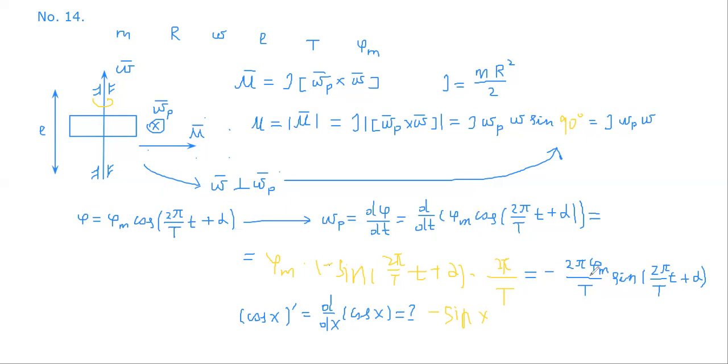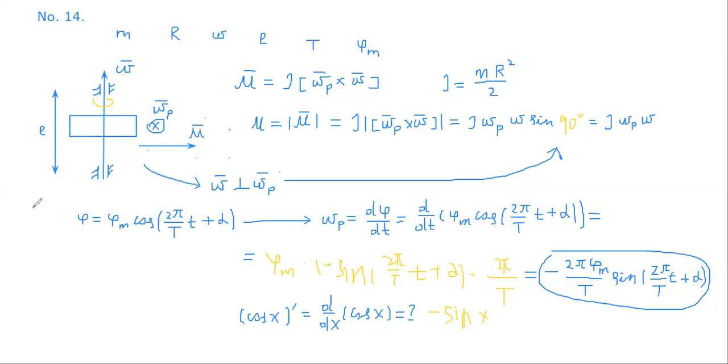And so this is the angular velocity of precession. But according to the description, we need the maximum value.